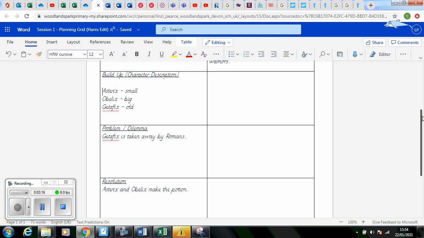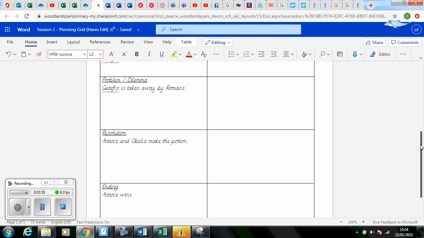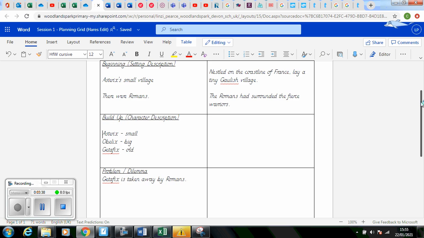You might put Christmas bonus in there. Okay, for the problem or the dilemma, I have chosen that Getafix is taken away by the Romans. You might look at a different problem. Okay, the solution to my problem was that Asterix and Obelix make the potion. And in the end, Asterix wins. Now they're very, very brief notes.